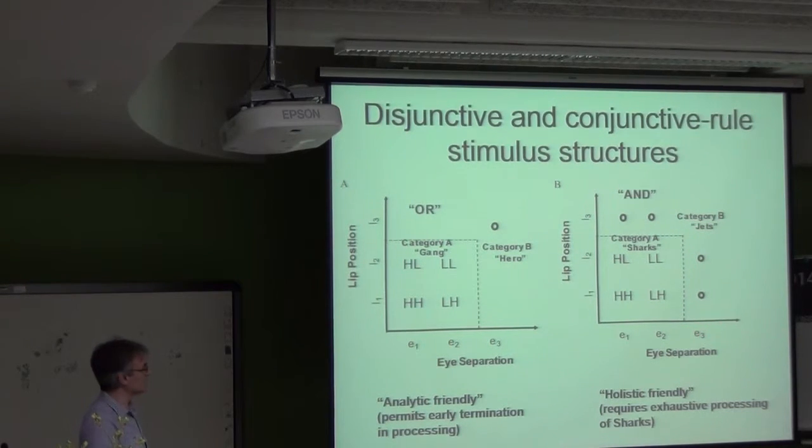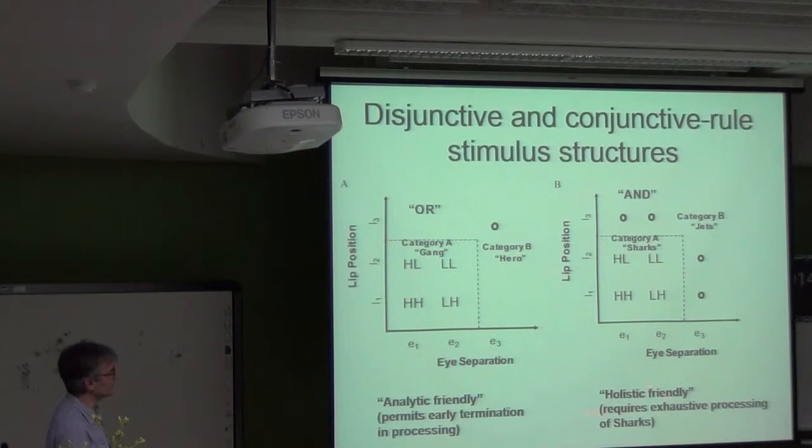But if you first pay attention to the lips position and read this information, you say, oh, look, this could be any of these three faces that I met before. So I don't know which one it is. I have to pay attention to eye separation. So in some cases, you have to conduct exhaustive processing. You have to analyze both dimensions.